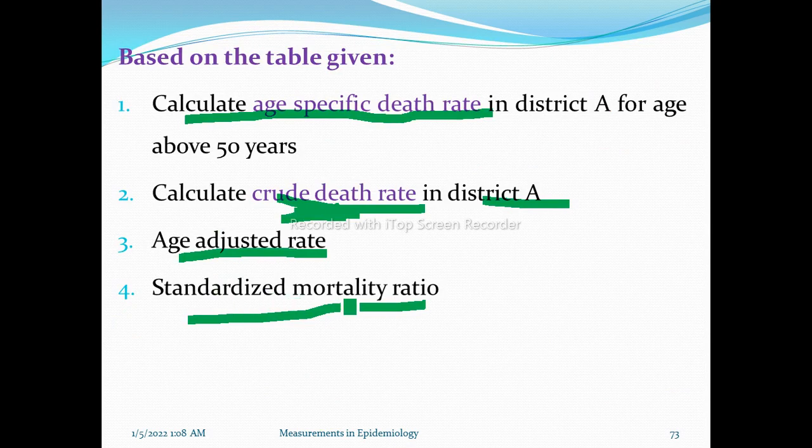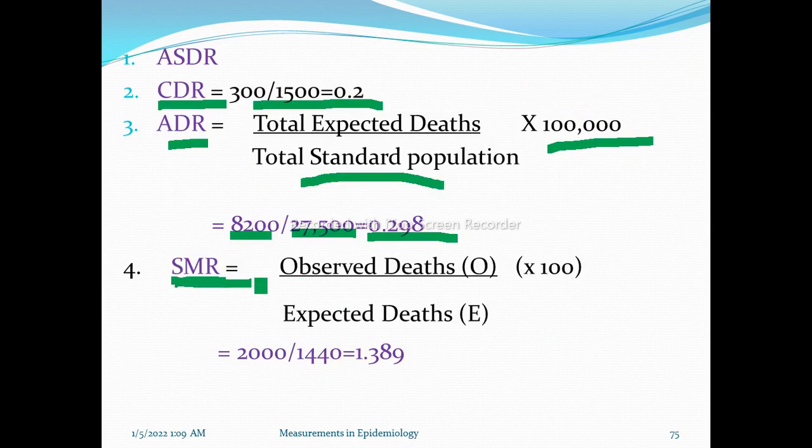The other is the last one, the standardized mortality ratio. Standardized mortality ratio is observed deaths over expected deaths times 100. So 2000 over 1440.